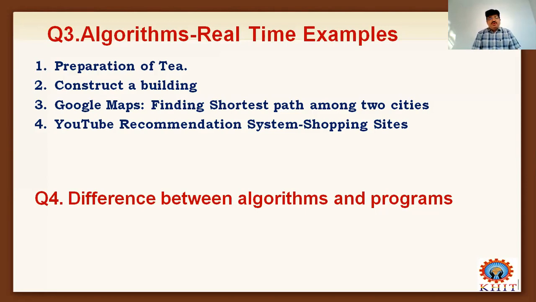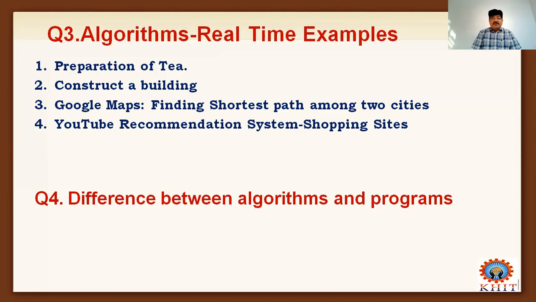Next one is Google Maps. If you want to travel from one city to another, there are many possible ways. Among those, you need to select the best possible way, which is the shortest path. That step-by-step procedure will be given by an algorithm. You can learn those concepts through algorithms only.